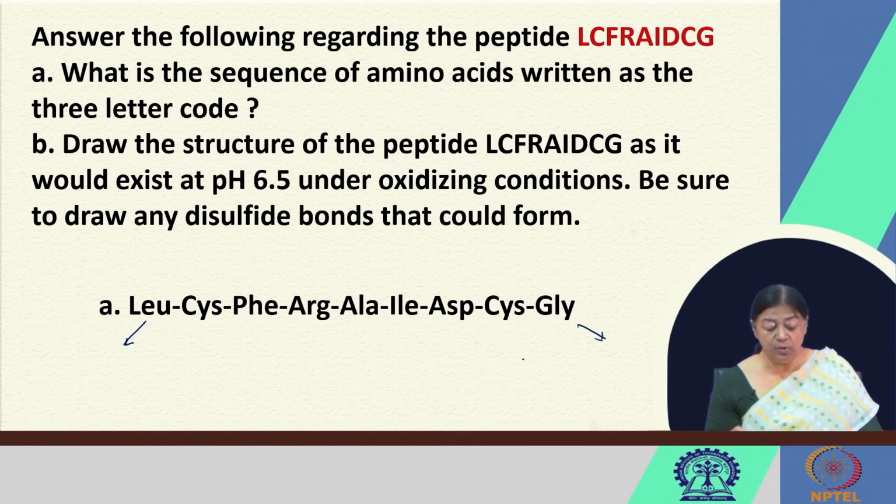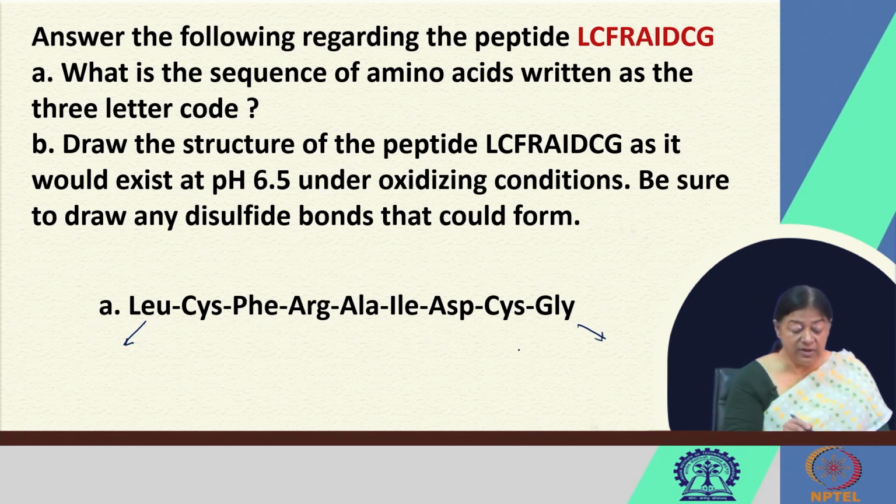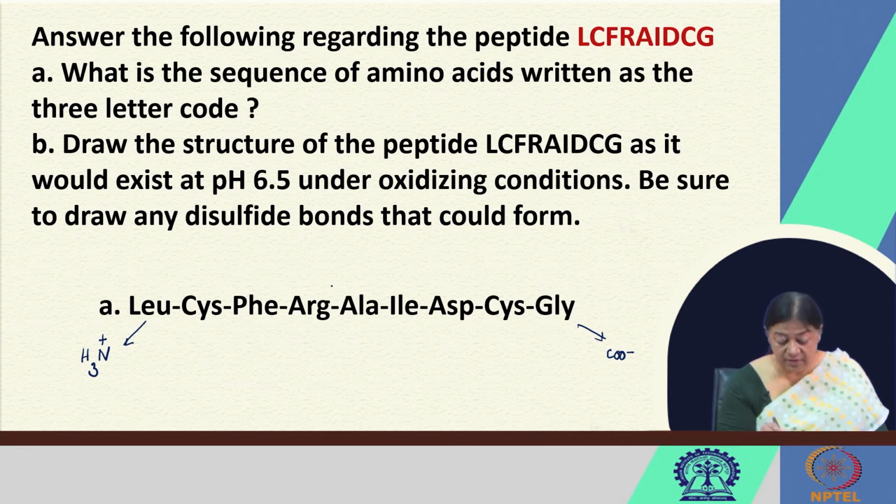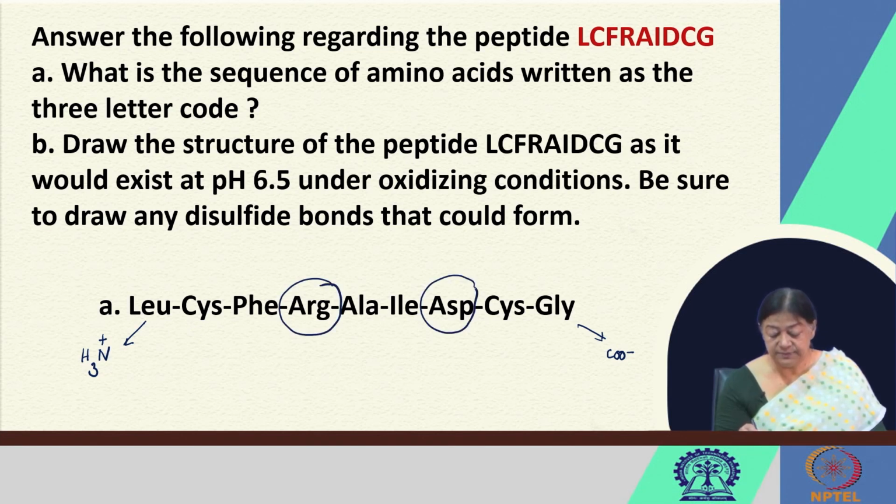So, now if we want to look at the structure of the peptide at 6.5, we realize that the NH3 plus here is going to remain protonated. This is going to have lost its proton. What are the other ionizable side chains? We have arginine, we have aspartic acid.